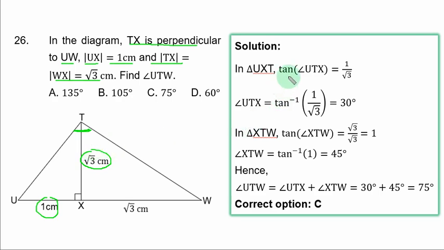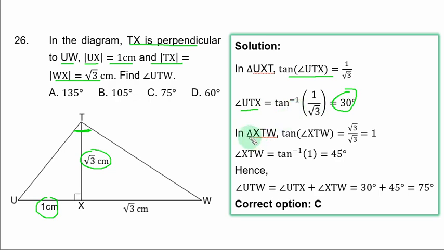So you have tan of angle UTS equal to 1 over root 3. To get UTS, you take the tan inverse of 1 over root 3, and that is 30 degrees.